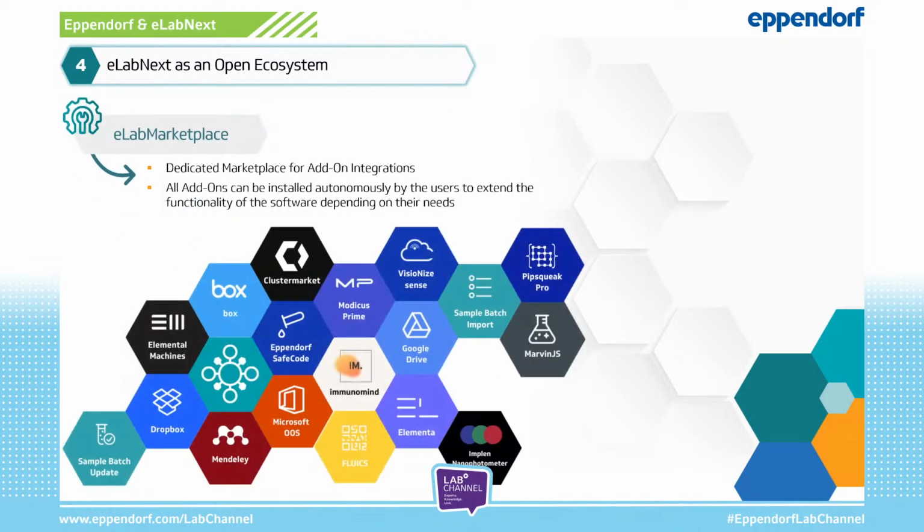So our ecosystem is basically our marketplace. It's called the eLab Marketplace, and it's conveniently available in the eLab Next platform, which allows you to easily install or deinstall add-ons depending if you need them or not. Most of our add-ons are available for free, meaning that you don't need to spend extra money to integrate the tools that you already have.